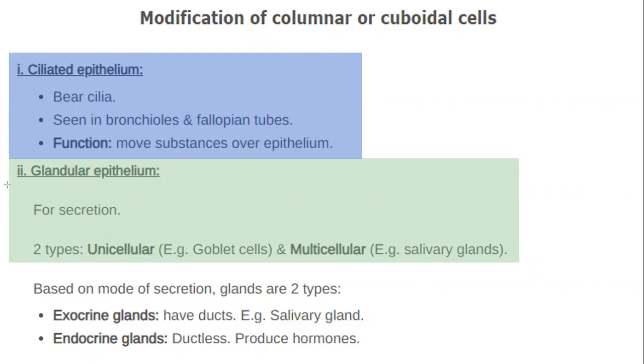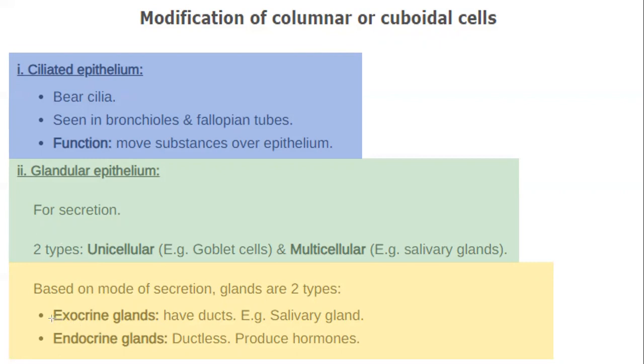Now, on the basis of the mode of pouring of their secretion, they are further divided into two types: exocrine glands and endocrine glands. If the secretions are poured on the epithelial surface through a specialized duct, it is known as an exocrine gland.